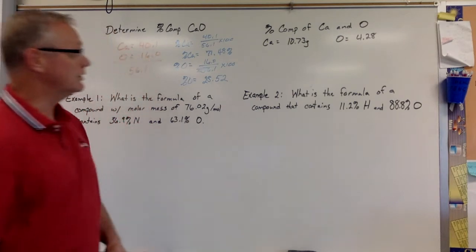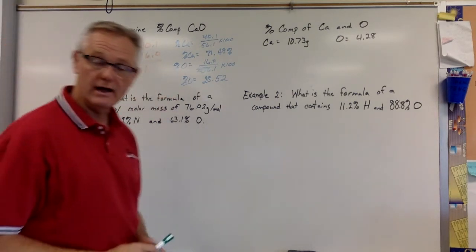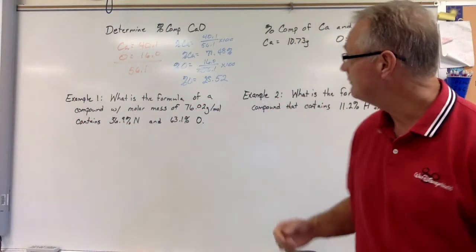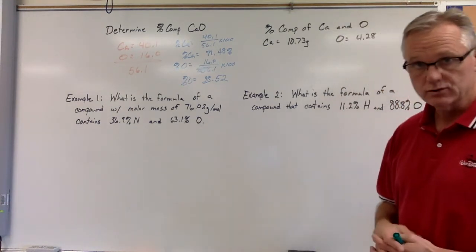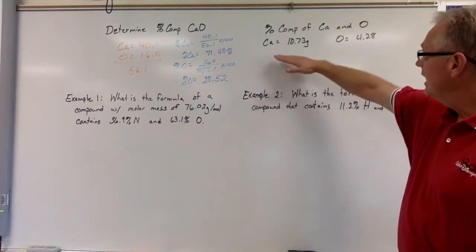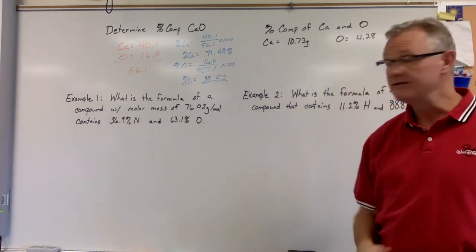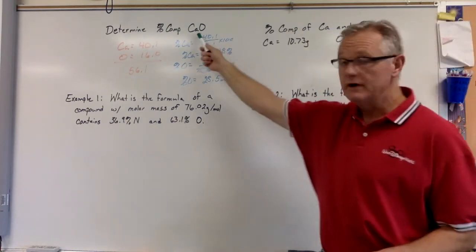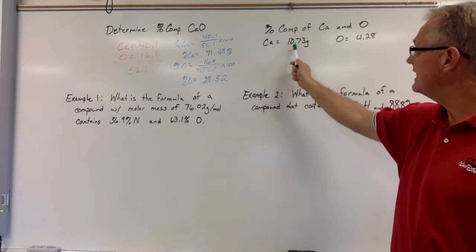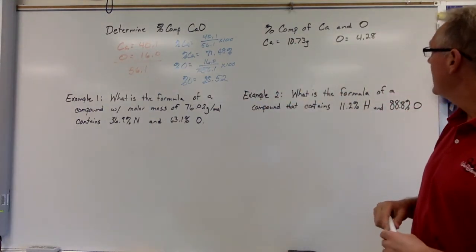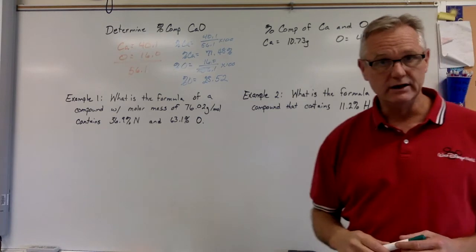The next thing I want to do is a percent composition of a compound. This is true, actual experimental data. It contains calcium and oxygen, but this time instead of giving the formula, I don't know the formula, but I do know that I had 10.73 grams and 4.28 grams.